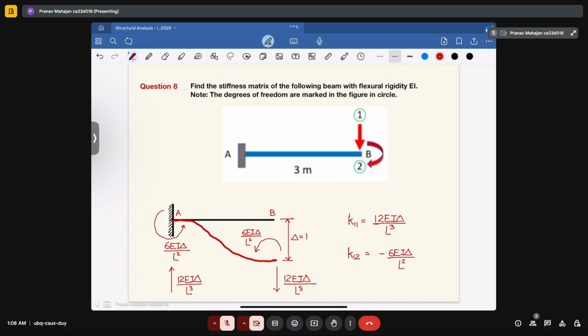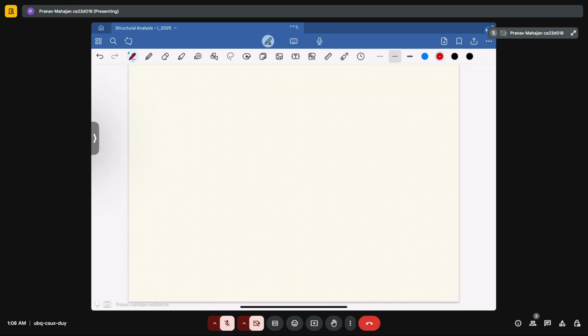So similarly, when you provide a unit rotation at end B, how will the structure behave? Let's see that.